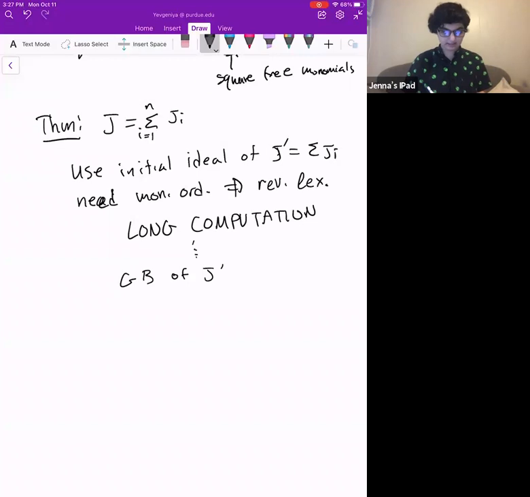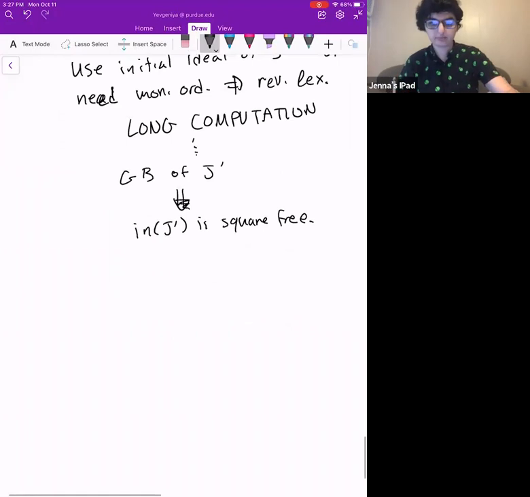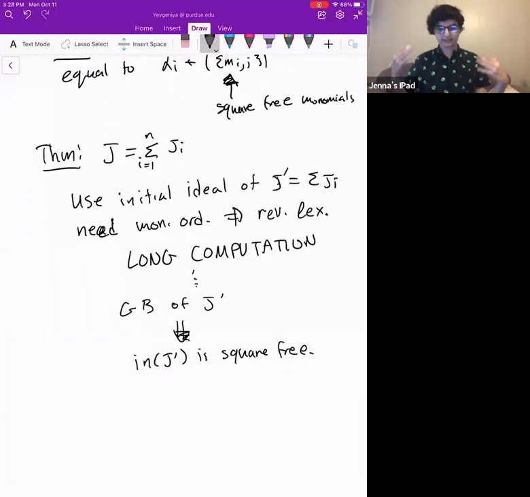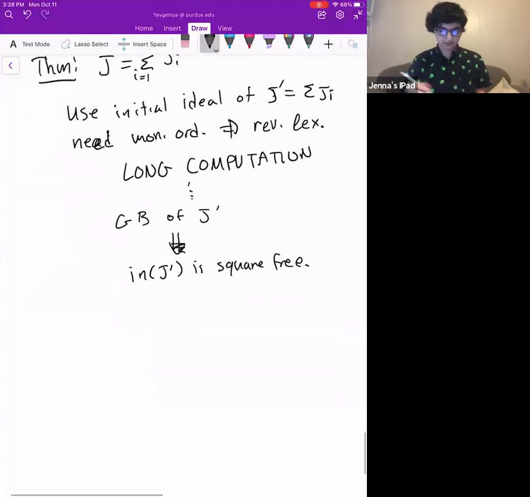And this Gröbner basis is, in fact, going to tell us that the initial ideal of J prime is square-free. And now remember this, and we're going to be using this in our proof that J is equal to the sum of these n links. So, proof.